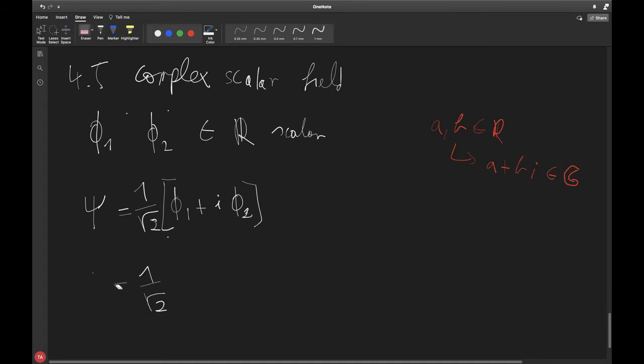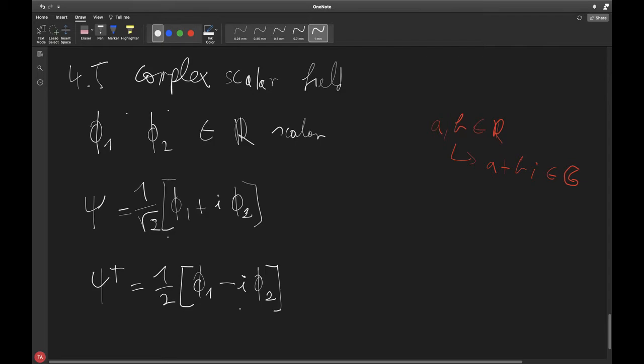We can take the adjoint of this. It just means that we take the complex conjugate, so phi1 is unchanged, but the phi2 factor is now going to be minus I, since that's the part where the complex conjugation has an effect.